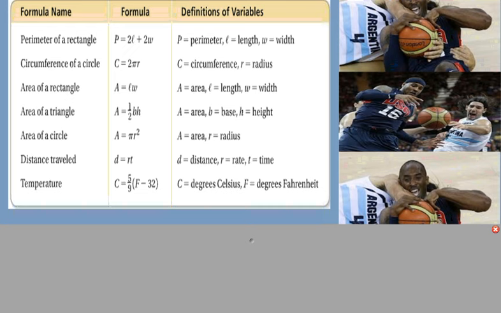I might underline some of the ones you should know: perimeter, circumference of a circle, area of a rectangle, area of a triangle, and area of a circle. These are all ones you should know: length times width, 1/2 base times height, and then pi r squared. The last two, we won't really be using a whole lot, and if we will, I'll give them to you. Okay? But those are just some general formulas that will be used in this year or this section.